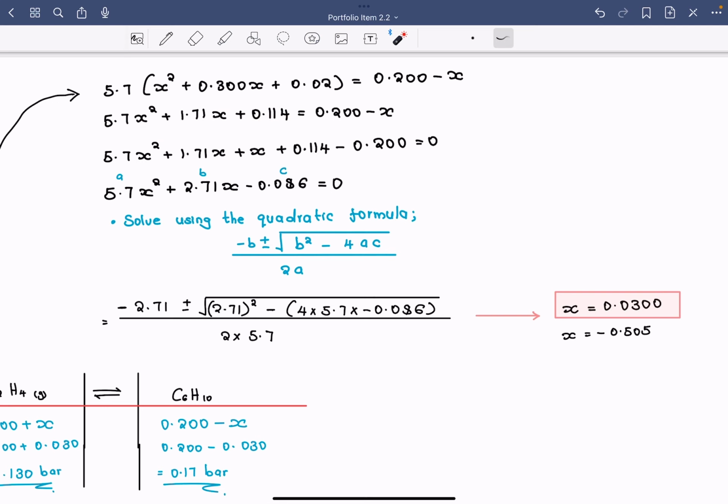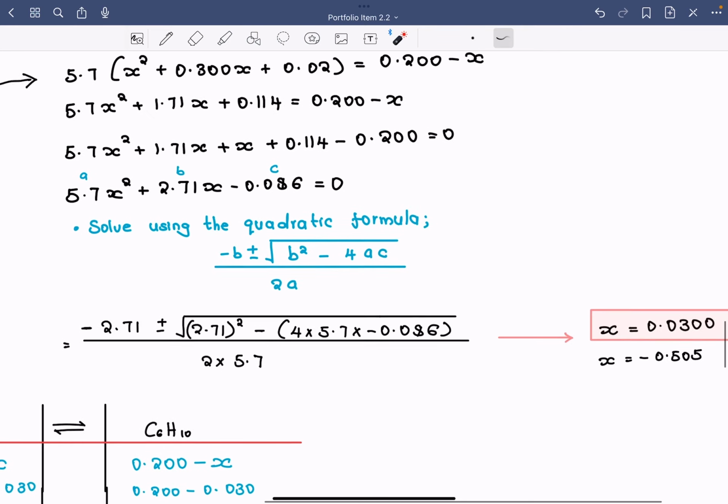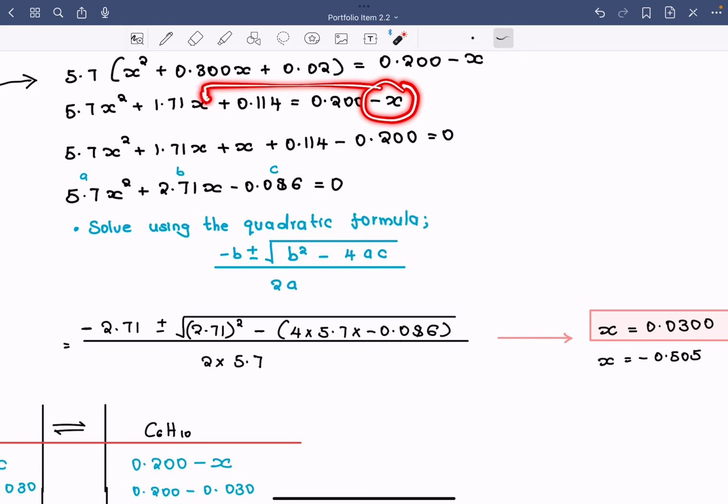And I brought both of these to this side. So I brought 5.7X squared plus 1.71X, and then I brought this to this side and it becomes positive, so it's plus X. And then I have plus 0.114, and then if I bring this to the other side, since it's positive, it's going to be negative, and that will equal 0.